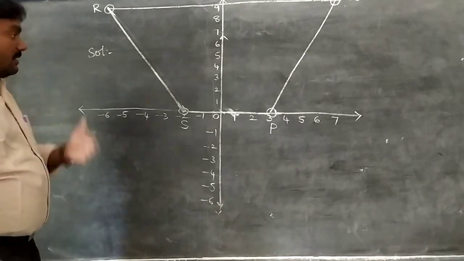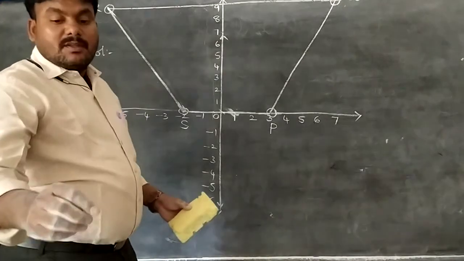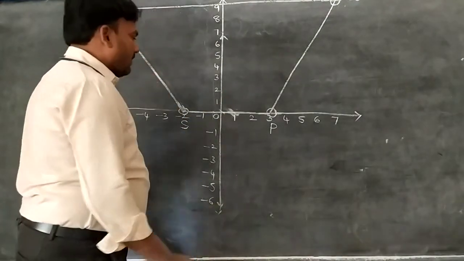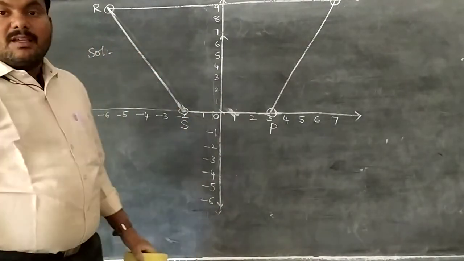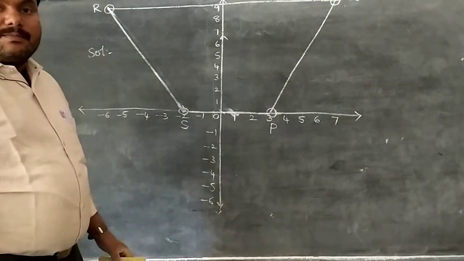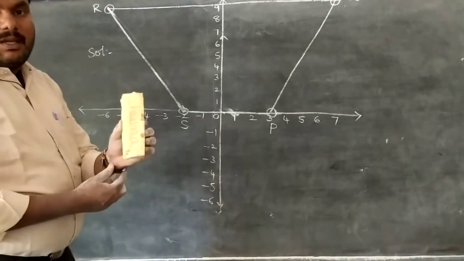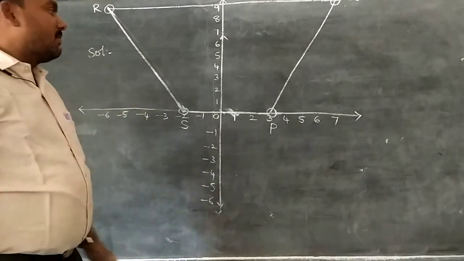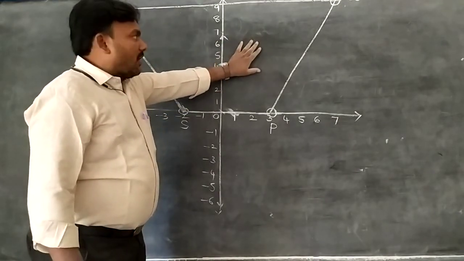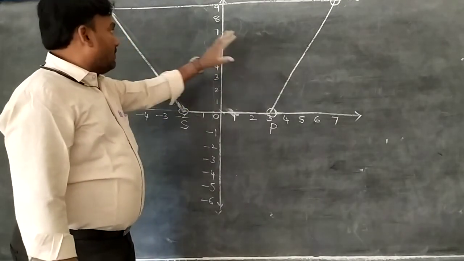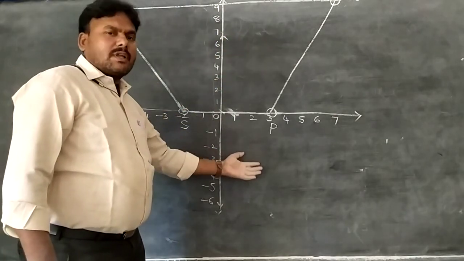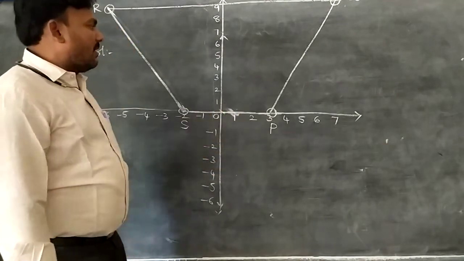Students, you know very well the area of a trapezium formula: half of (a plus b) times h. But here the question is only asking to plot the points on a graph sheet and join them, so PQRS is a trapezium. If it asked for the area, apply the area formula and you can get the result also, students. This is the way of approach, students.